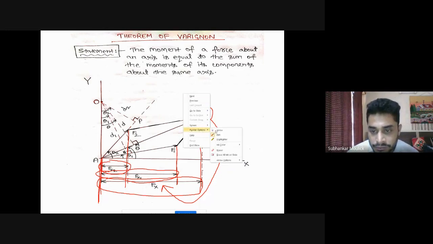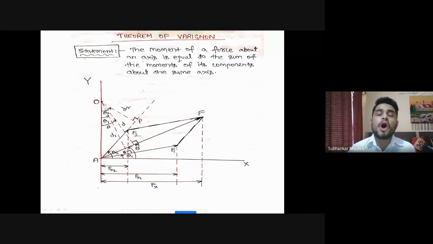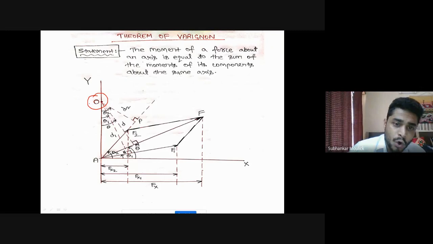Let me erase all these things first. Now, in order to prove this statement, since it tells us about the moment, I need to take the moment of these three forces: force F1, force F2, and force F. For that, on this y-axis, I am taking a point called O. I am interested in finding the moment of force F about point O, of force F1 about point O, and of force F2 about point O. For that, I need the perpendicular distances, because only then can I apply the equation of moment, that is force into perpendicular distance.